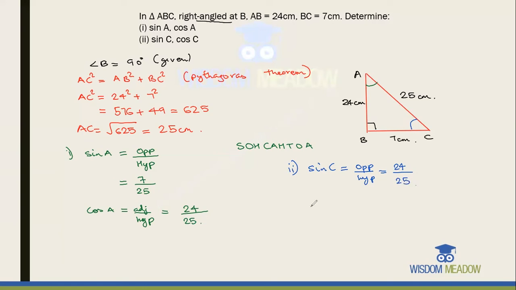And now cos C is adjacent over hypotenuse. So adjacent of C is going to be 7, the side next to the angle, the arm of the angle, apart from the hypotenuse. And over the hypotenuse is 25. So 7 over 25. So that's how you solve this.